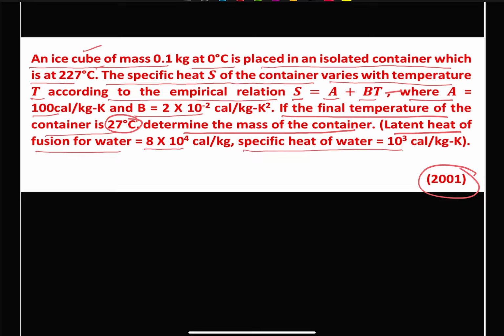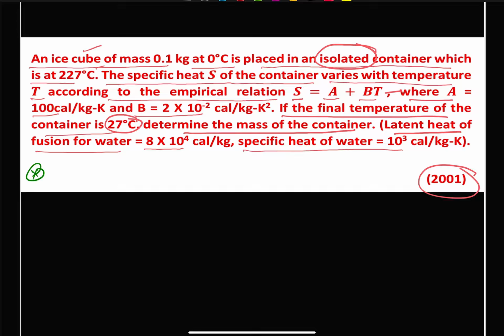Because of this, there will be some heat gained by the ice. Then only the temperature is going to drop. Okay, and it is basically an isolated container. Therefore, we can say the heat lost by the container will be the heat gained by the ice. So it means no loss of heat energy is going to take place. So let us write the things which are given to us.